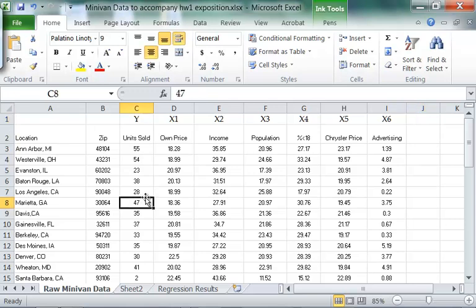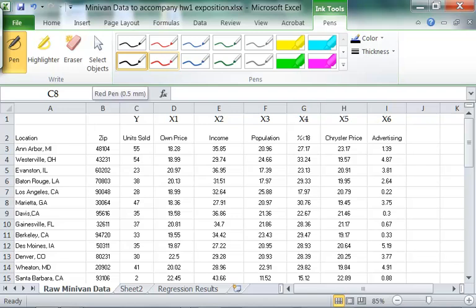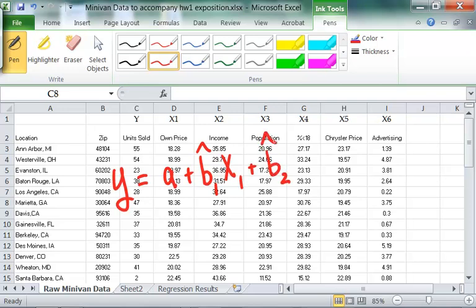So the basic idea behind a regression is that we're always going to be looking for something that looks like, so just to write on top, y equals a plus b1 times x1 plus b2 times x2 plus dot dot dot plus b6 x6 plus some error term, right?